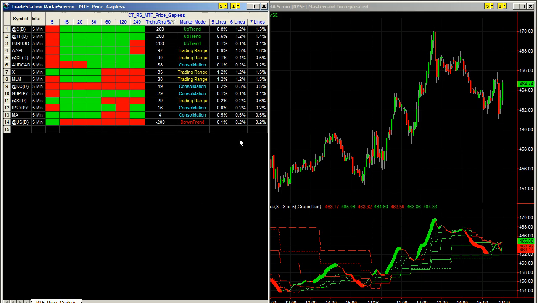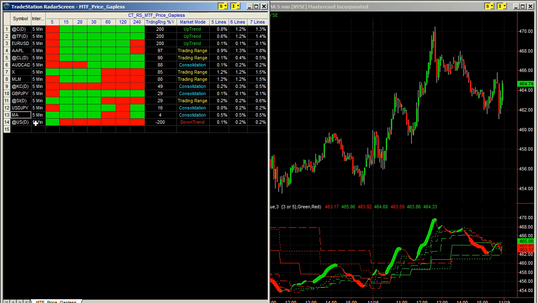Now the last item is, we can put this on the radar screen, and it doesn't matter whether you use Forex, stocks, futures, they're all on here. I kind of mixed them together. You can see some of these are in uptrends, some of them are in trading ranges, some of them are in consolidation, some of them are in downtrends.